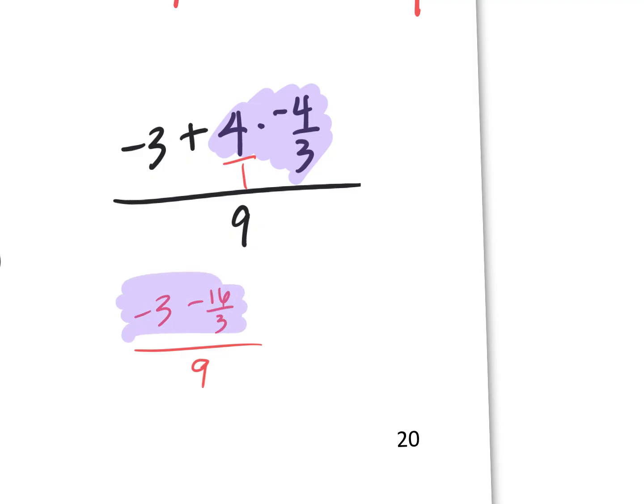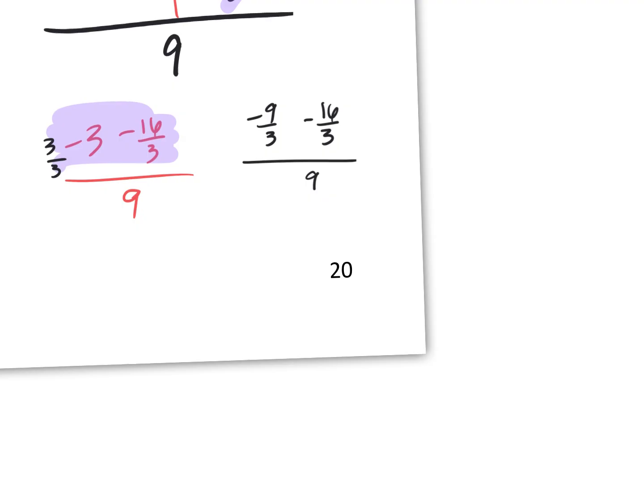If I had to get common denominators, negative 3 would turn into negative 9/3, because I multiply it by 3/3. So we have negative 9/3 minus 16/3, which is negative 25/3.